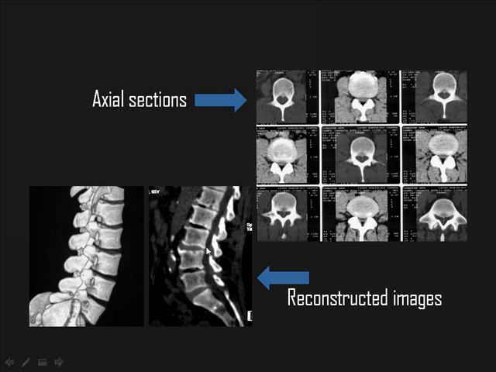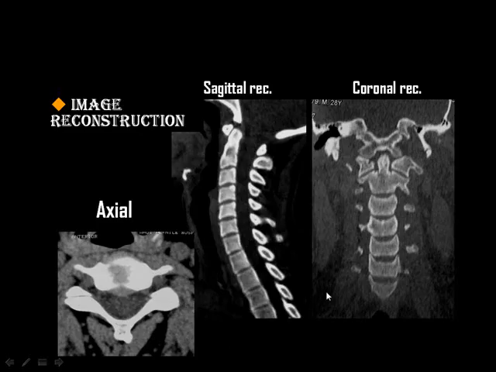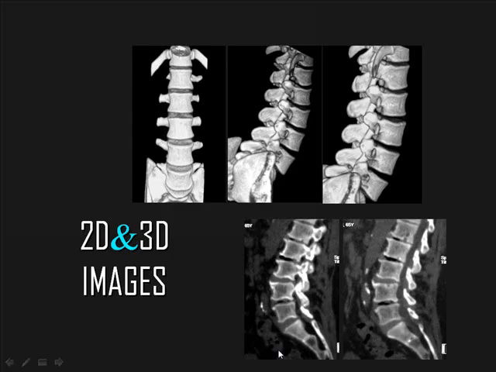Then this is the 2D reconstructed image of the lumbar spine, and this is a 3D reconstructed image of the lumbar spine. Here you can see a coronal reconstructed image for the cervical spine, a sagittal reconstructed image for the cervical spine, and this is the axial sections obtained normally by the CT machine.